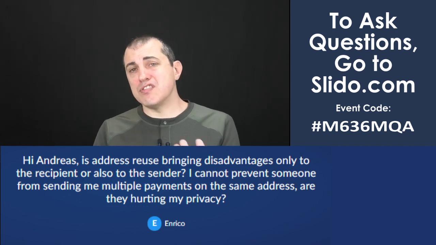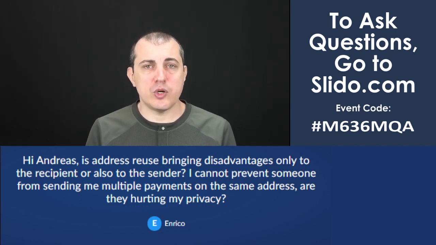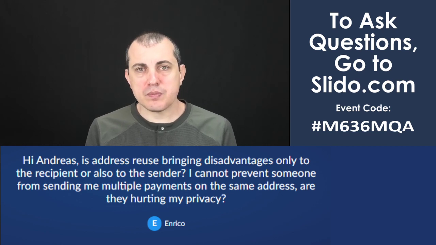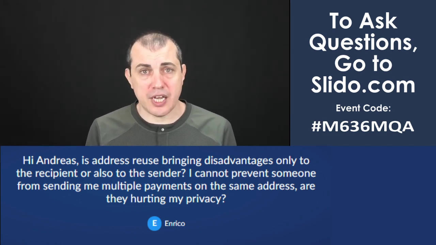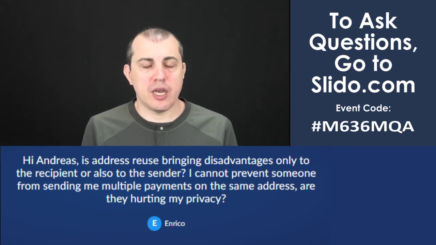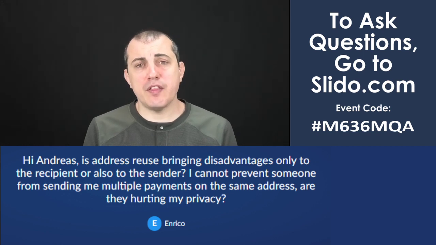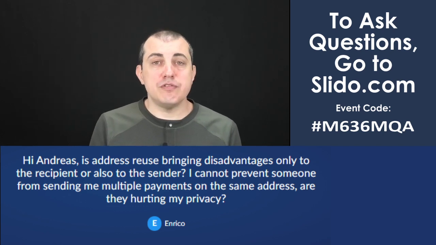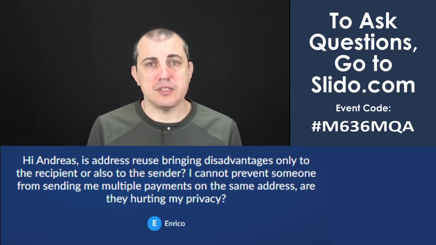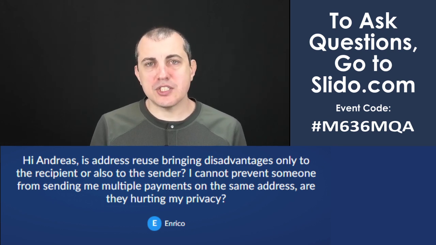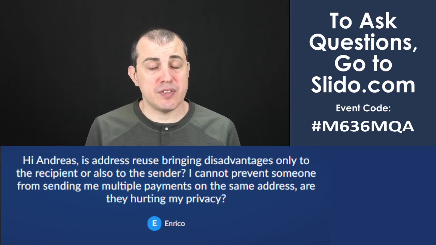Now, of course, this is very, very different from the kind of scenario where you consistently give out the same address, because then you are really impacting your privacy, because not only can different senders see what other senders sent you, but then you accumulate a lot of small UTXO. So for example, in the past, I used a vanity address for donations, and while that was convenient and people had fun with it, and you know, oh, we can send to a one Andreas Bitcoin address, it suffered from a lot of disadvantages in terms of privacy, among other things.